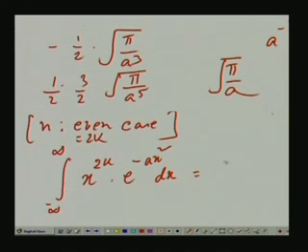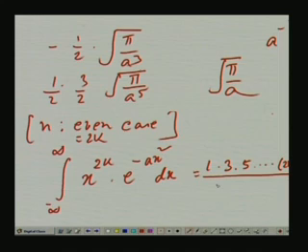So, what I get then, this quantity 1, 3, 5 dot dot dot twice k plus 1 by 2 to the power k square root pi by a to the power twice k plus 1.